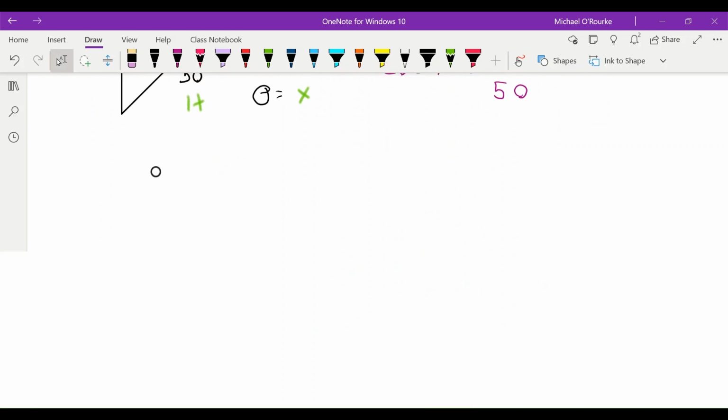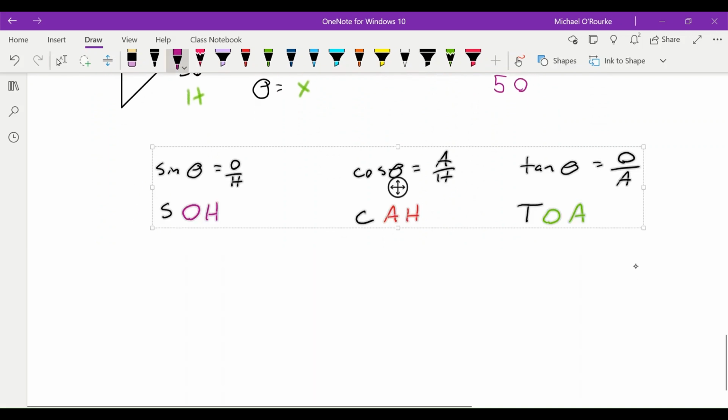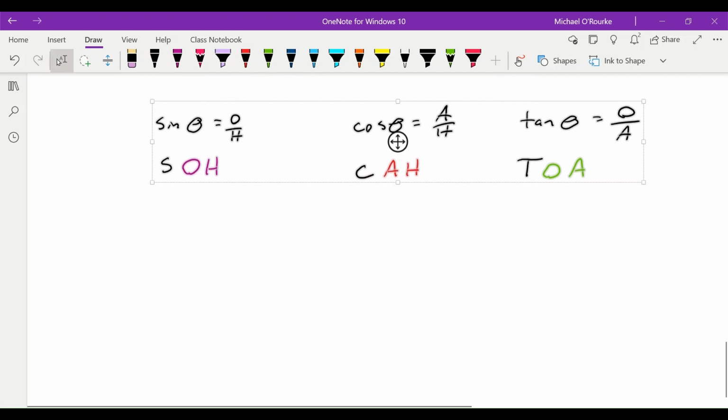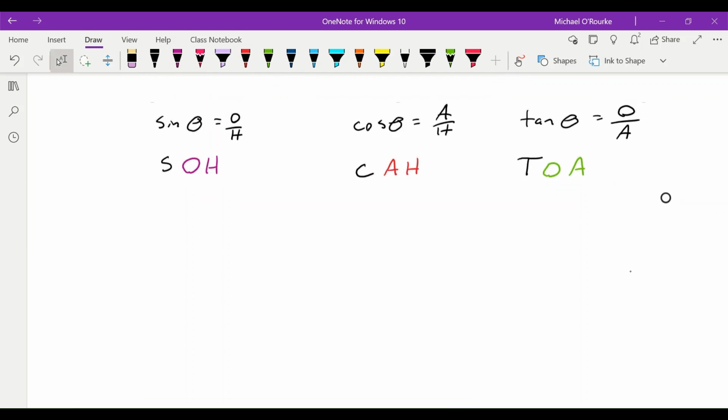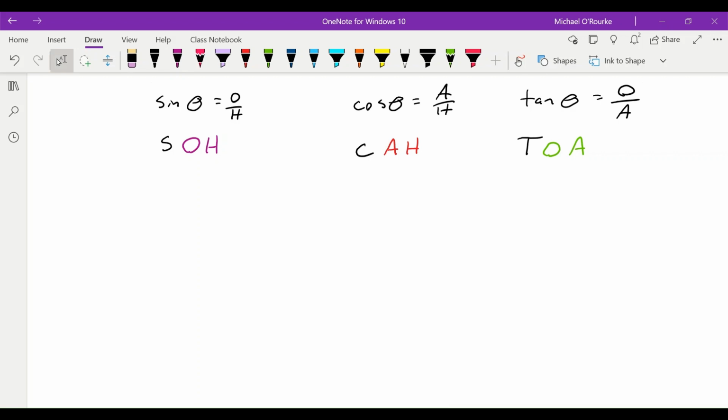Let's do two more. Hopefully we're getting it. If not, feel free to ask the teacher, or if you have a neighbor that knows what they're doing, they can help you out with it. So let's do another one. Let's put a 20 down here. 90.